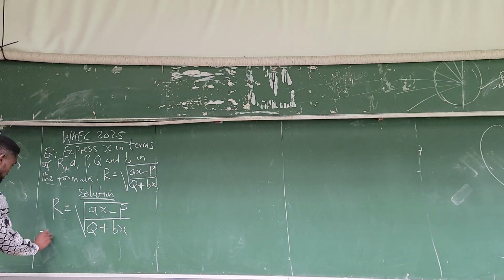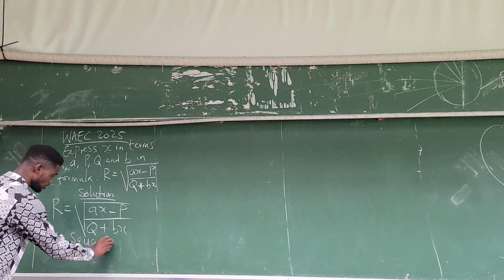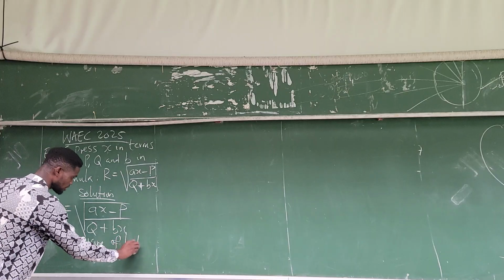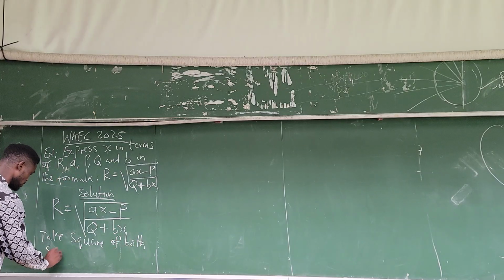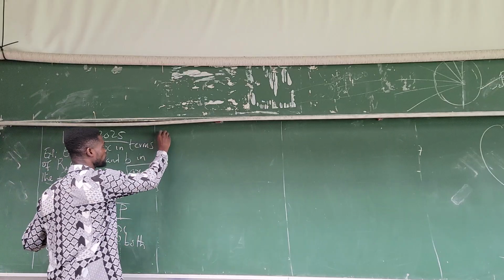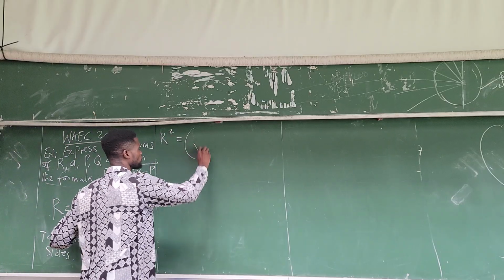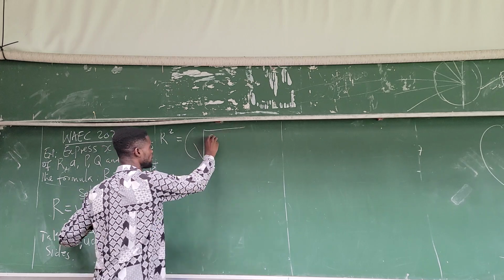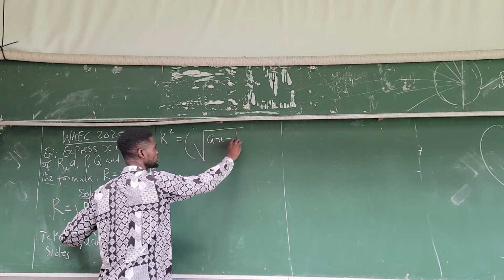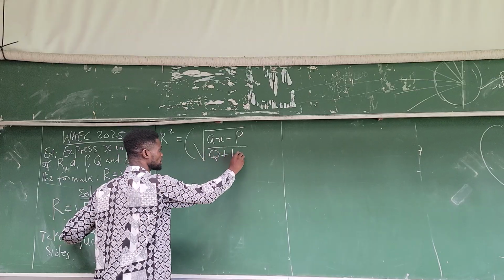So you take the square of both sides. If we do that, the square of R will be equal to the square of AX minus P over Q plus BX.